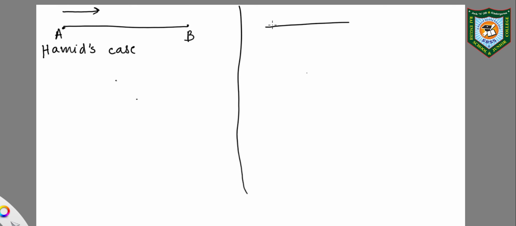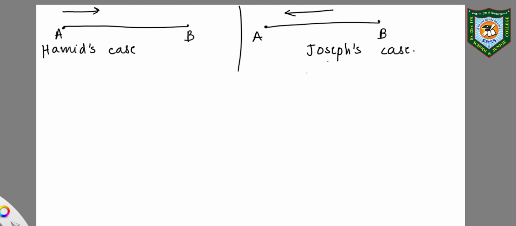And in this case, we have Joseph over here. Joseph starts from B. He goes to A. This is Joseph's case. Now, at the same time, Joseph starts from B on bike and travels towards A. They meet each other after 20 minutes.